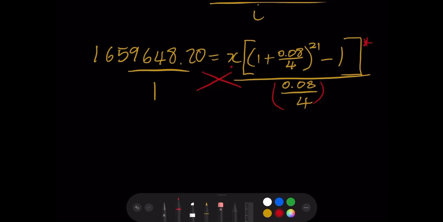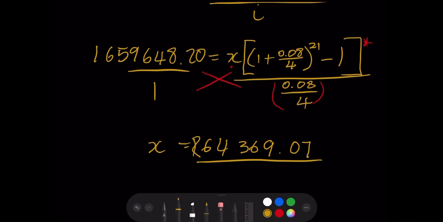And I get an amount, so it means on a quarterly basis they would have to contribute 64,369 and 7 cents. So that is the amount that they would need to contribute on a quarterly basis in order to make that future value of the sinking fund.